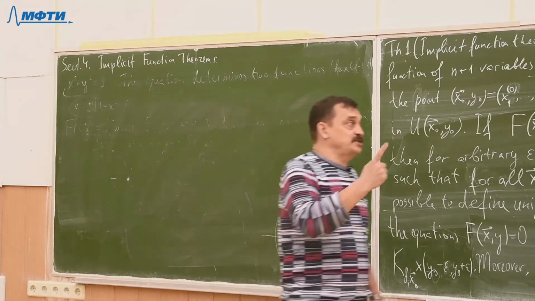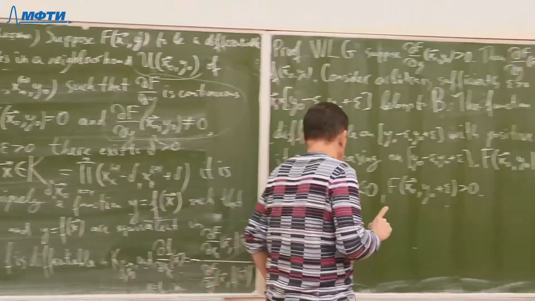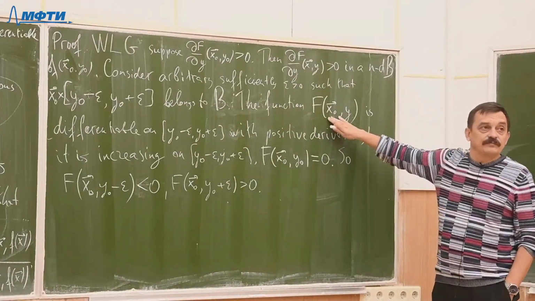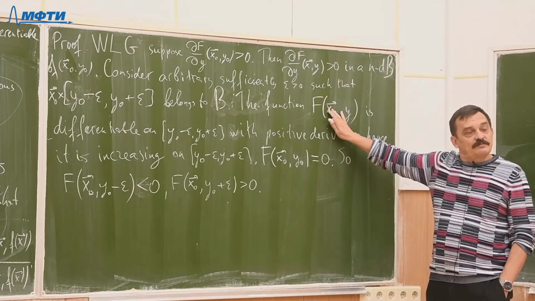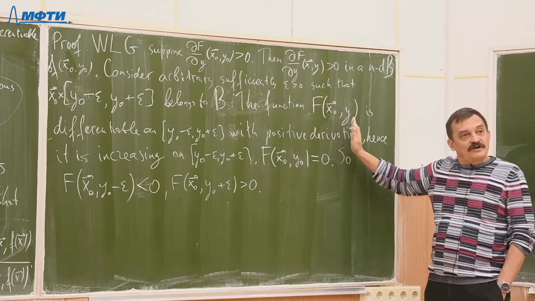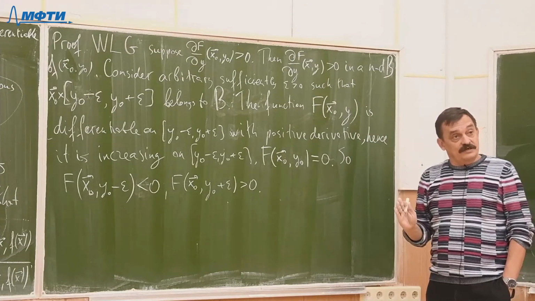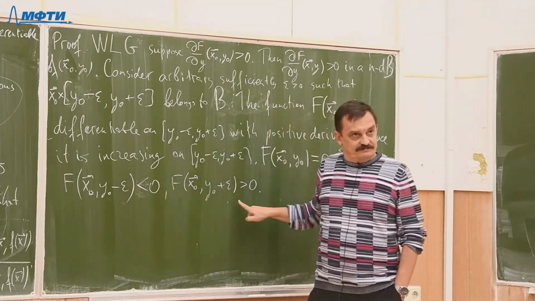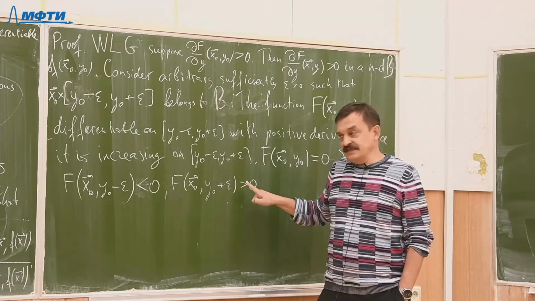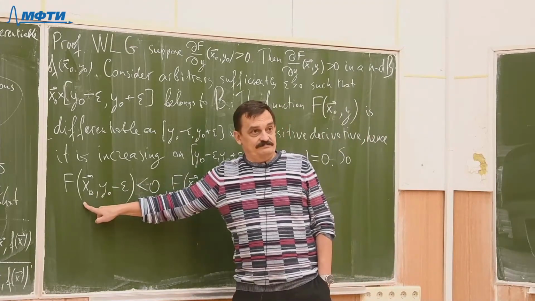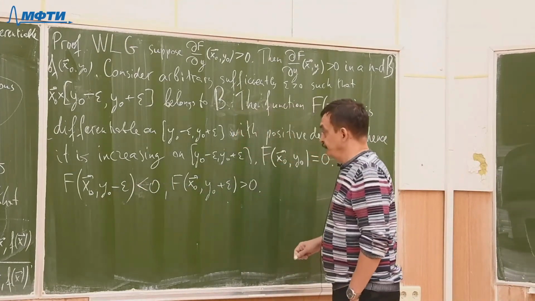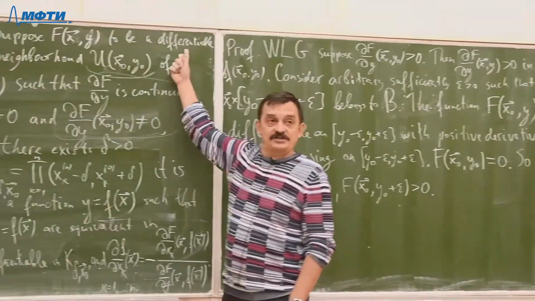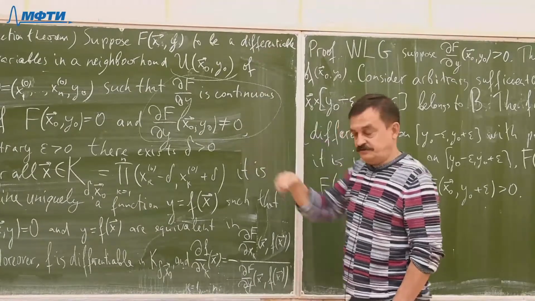Now we change roles. So, look. Firstly, what did we do? We fixed the first n variables and varied only the last one, right? Now, we fix the last variable and we start to vary all the others. But we know the function capital F is differentiable, right? Hence it is continuous.